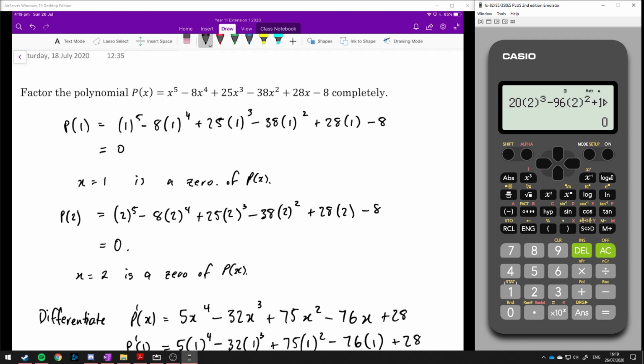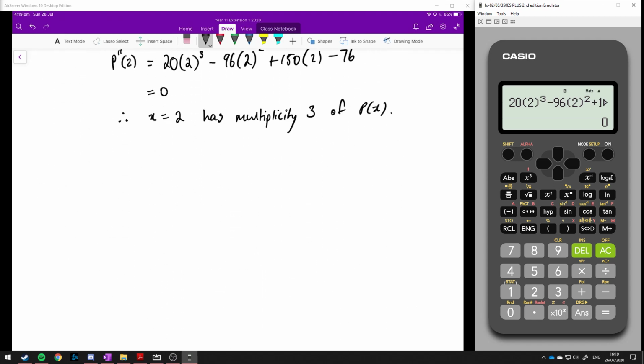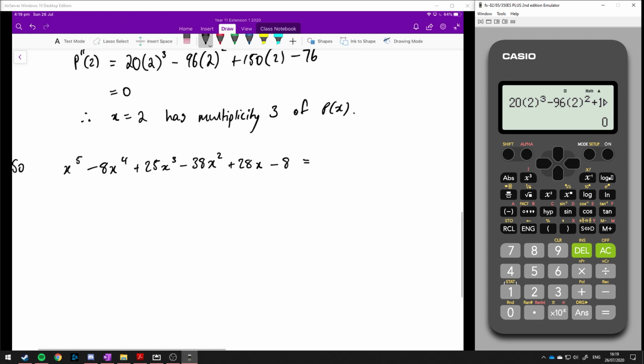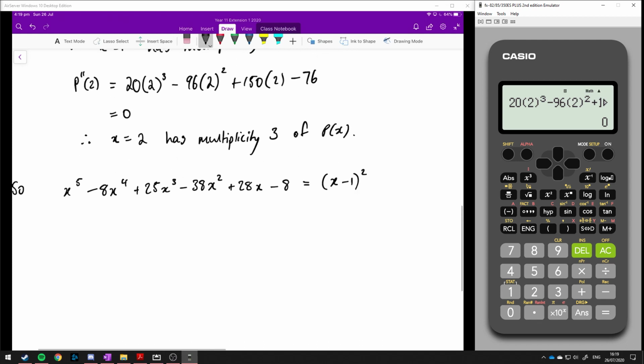So, coming back up to our original equation, we can write x to the power of 5 minus 8x to the power of 4 plus 25x cubed minus 38x squared plus 28x minus 8. This is the same as writing x minus 1 squared, lots of x minus 2 cubed. And that's another way to factorize this.